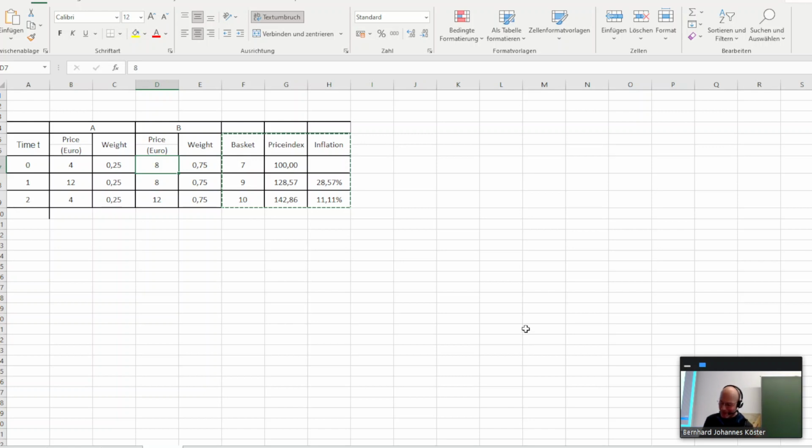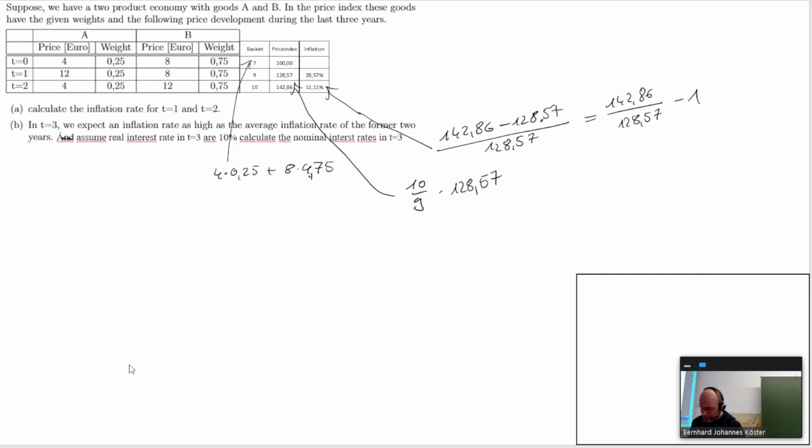It's not only about calculation. So to speak, a theoretical question could be explain the difference between real and nominal growth. Something like this. And I will give you also some questions for revision. Okay. So then we are done.